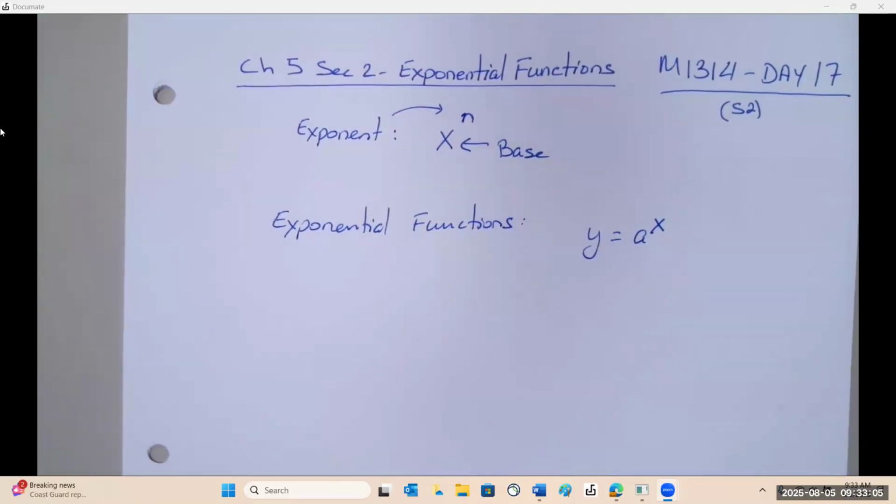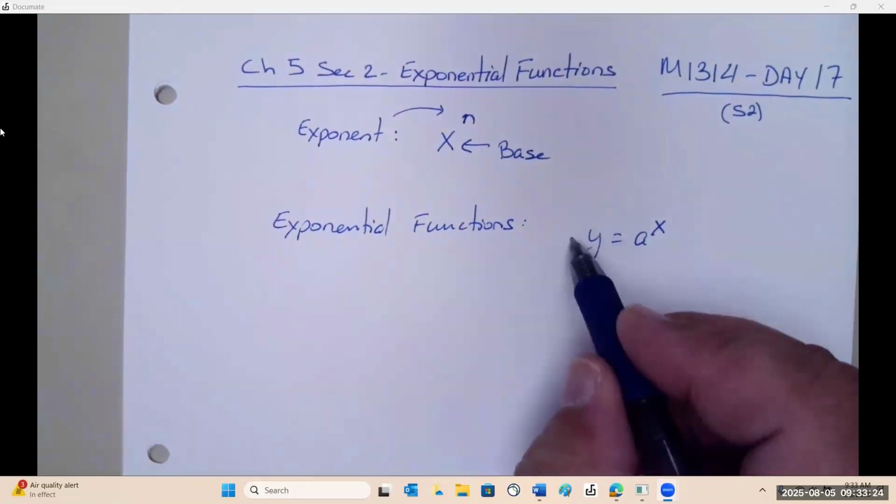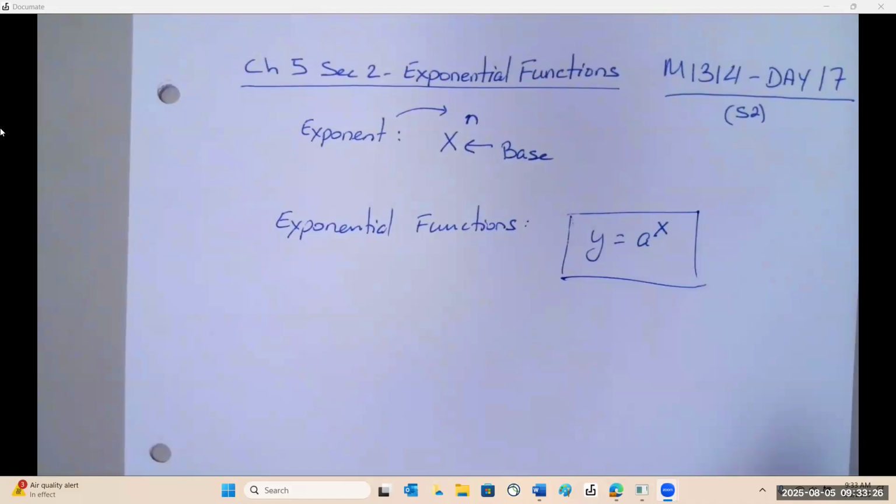You notice how it changes, because now where's x? It's the exponent. Imagine trying to solve for x now, looking for the inverse. How would we do that? That's what this whole chapter is about, because now we are looking at this equation.